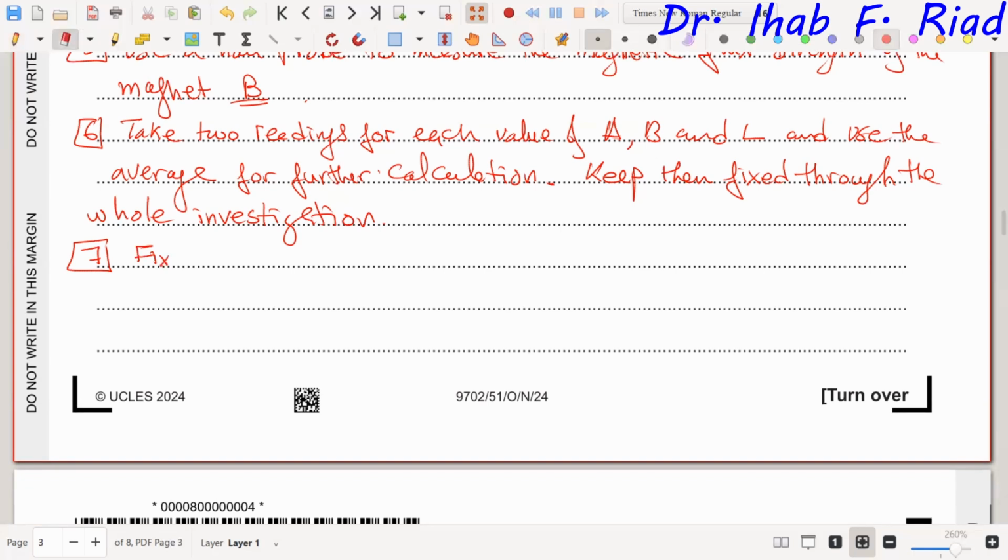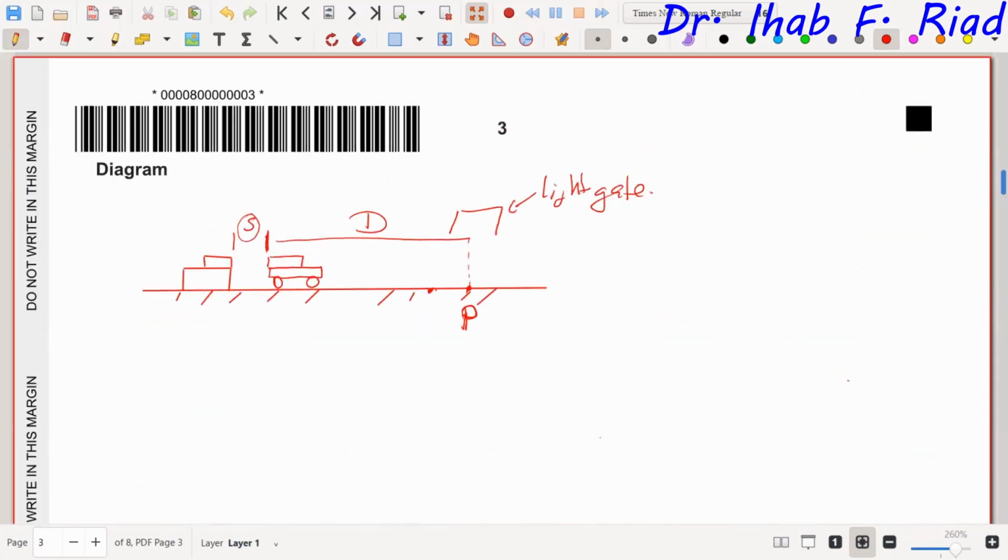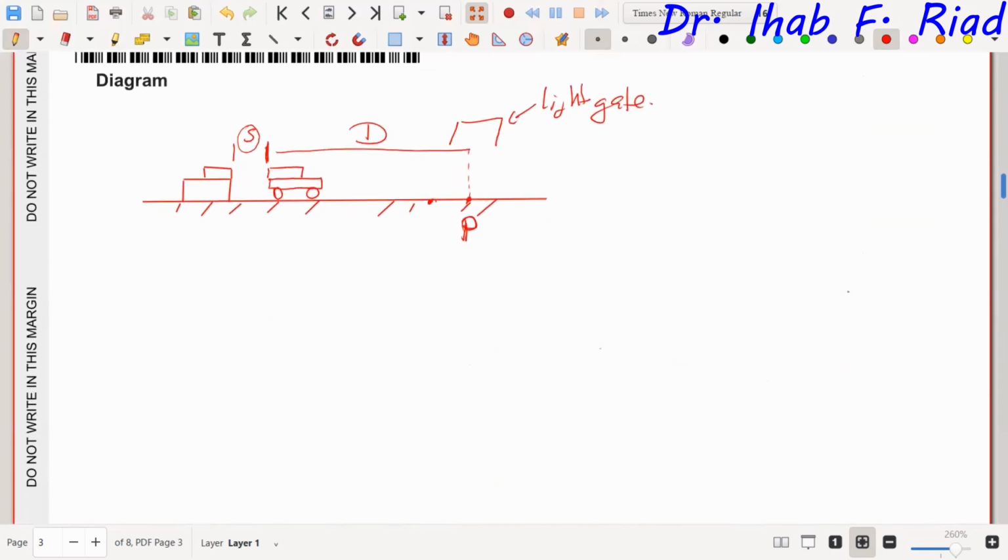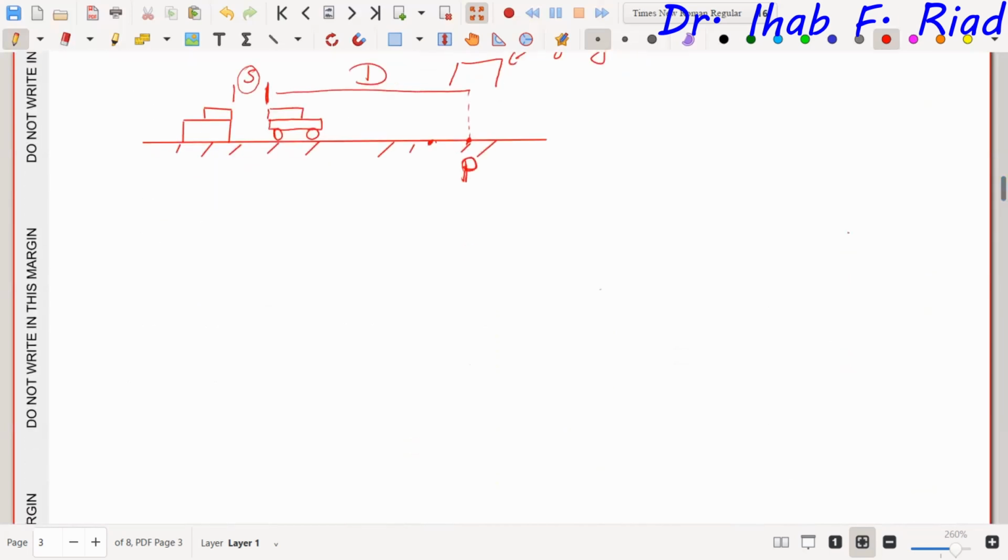Okay. Now we tell him to measure the distance or the length. Actually, since we have the bar magnet, we know the length of the bar magnet, right?